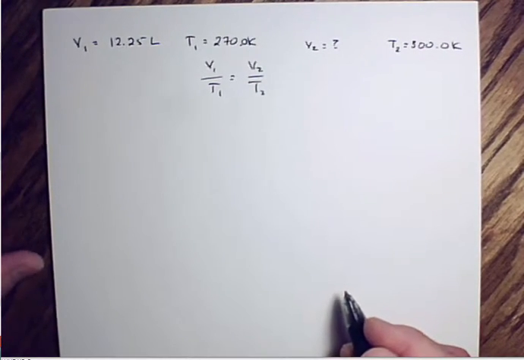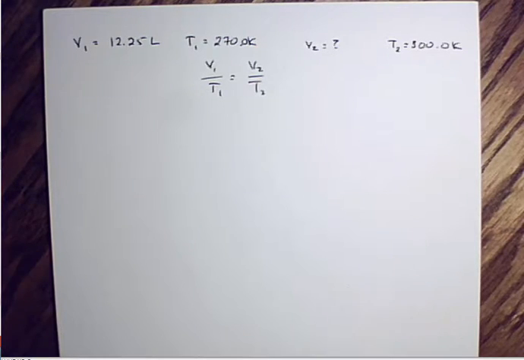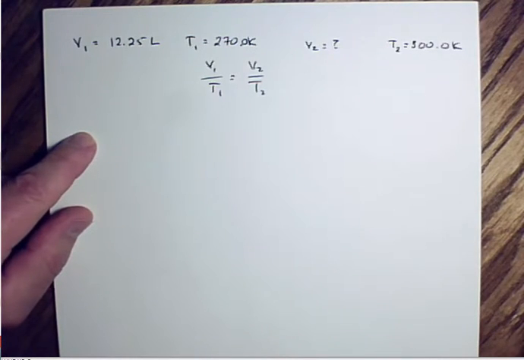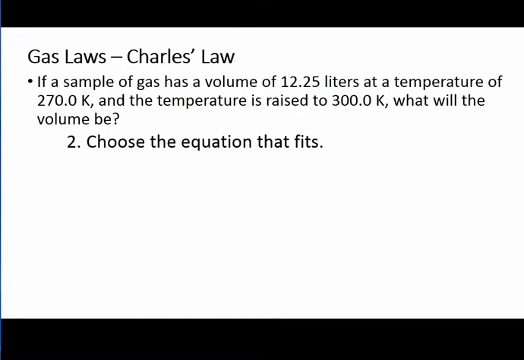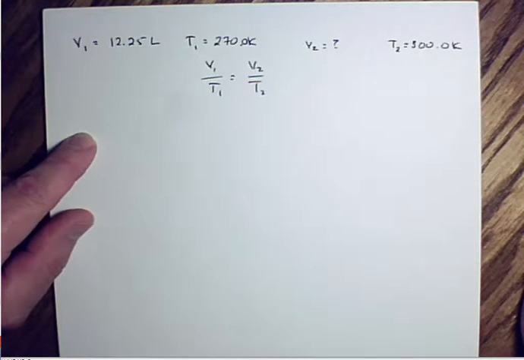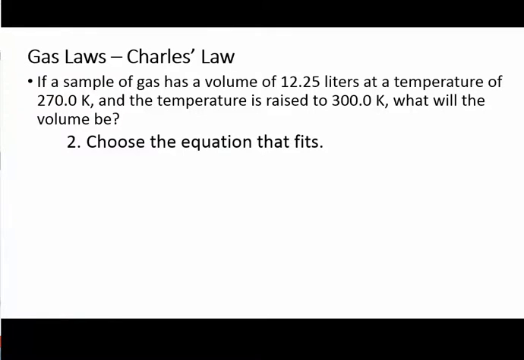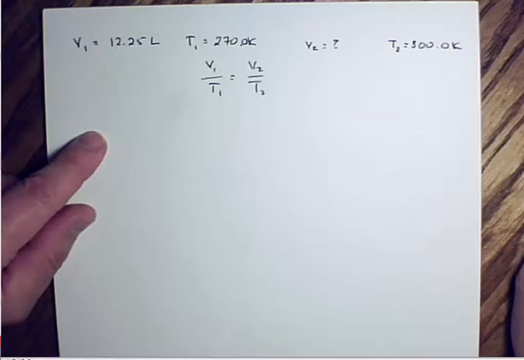But if you have 5 different types of gas law equations, and I just give you a problem and don't tell you which equation to use, you got to figure it out, and that's what this system works for. This is Charles' law.